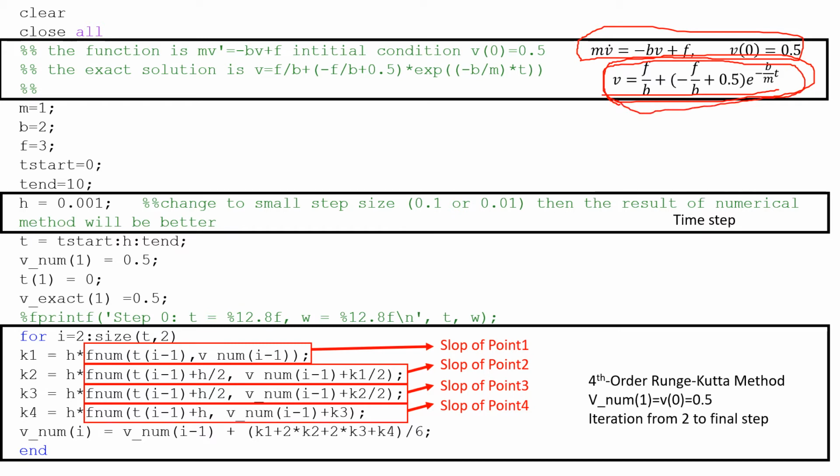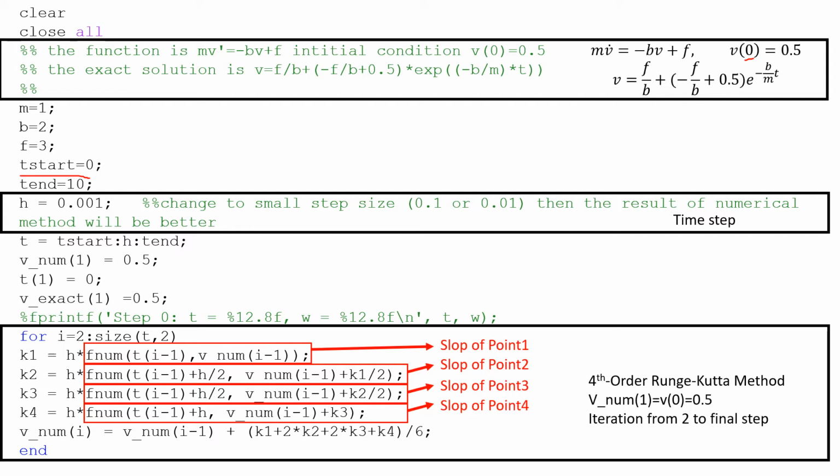We want to get the problem to look like this one. So I assume m is 1, b is 2, f is 3, and the start time is 0, v0, and the end time is 10 seconds, and my step size is 0.001.